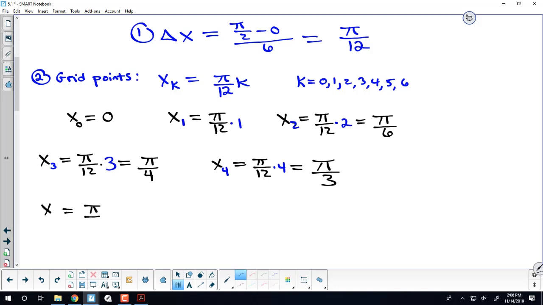We have pi over 12 times 5 for x sub 5. And then finally our x sub 6 is pi over 12 times 6, which is pi over 2.